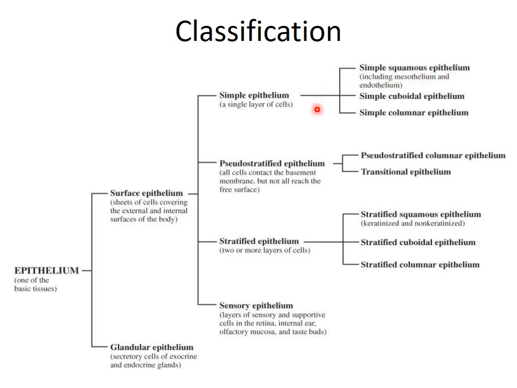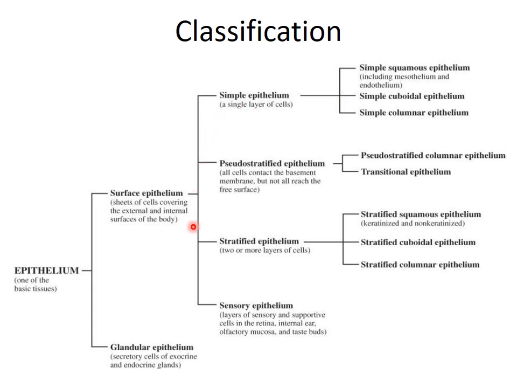If the cells are cuboidal in a single layer, we call it a simple cuboidal epithelium. And then we have the simple columnar epithelium. So according to the shape and the number of layers of the cells, we have the simple squamous, simple cuboidal, and simple columnar epithelium.